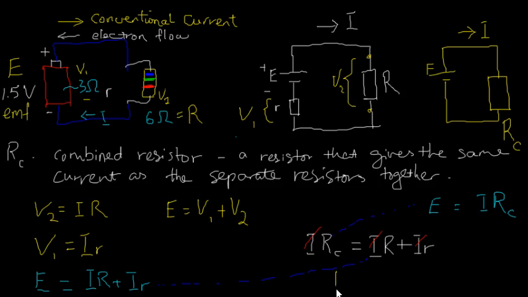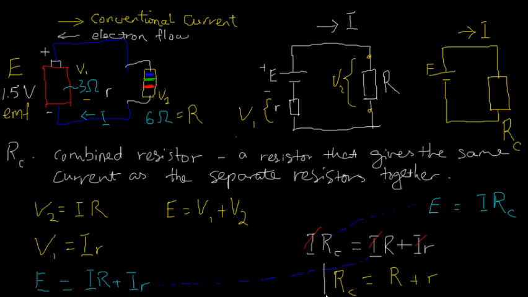I'm left with RC, the combined resistance, is equal to R plus small r, the sum of the two separate resistances. So this is actually a way to calculate the combined resistance from the separate resistors. So this is exactly what I need.